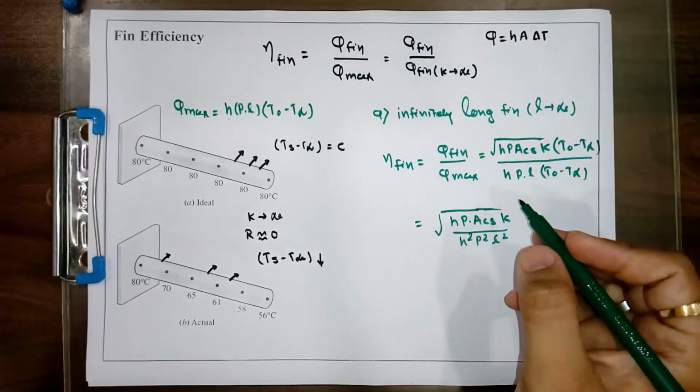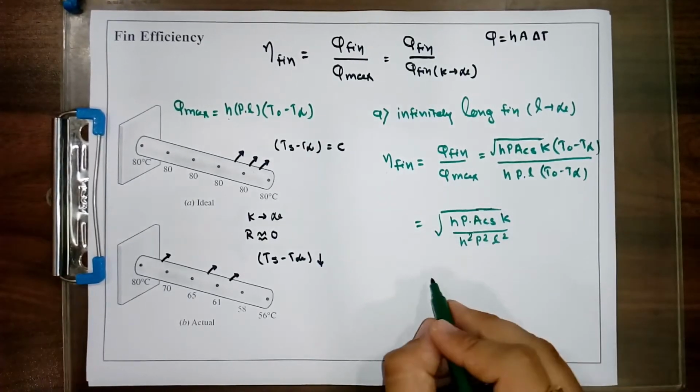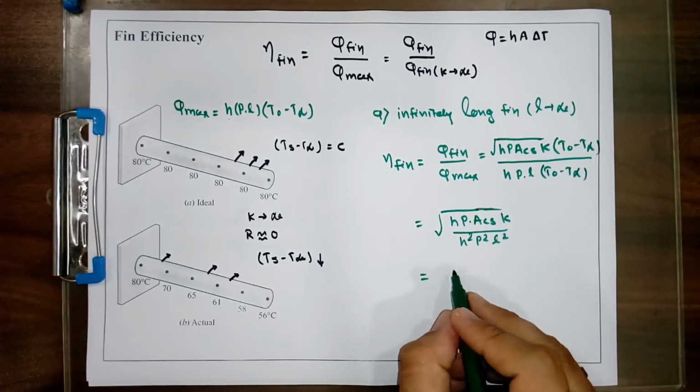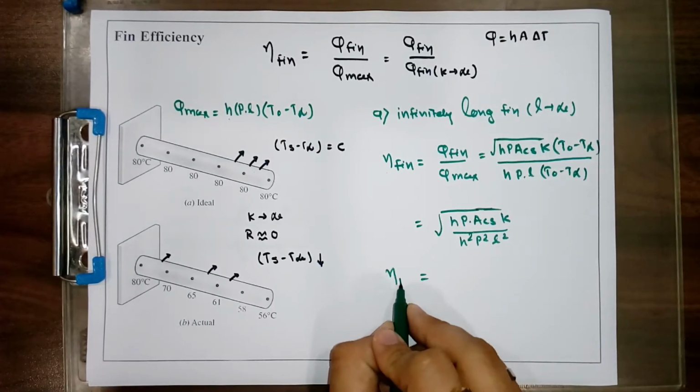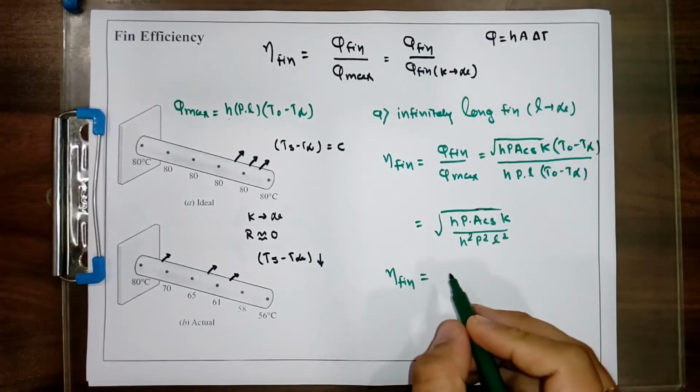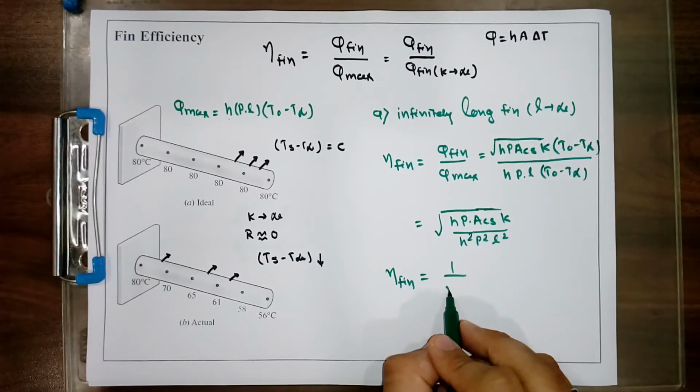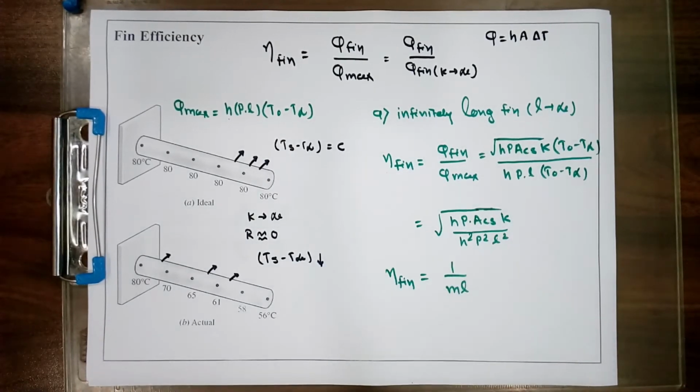If we simplify it further, we get the efficiency of fin in case of infinitely long fin as 1 upon mL. It is dimensionless, because we know that m, the fin constant, has a unit of meter inverse and multiplied with the length, it gives you a unitless term.